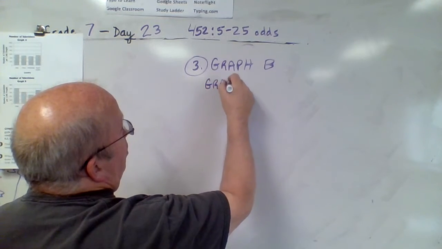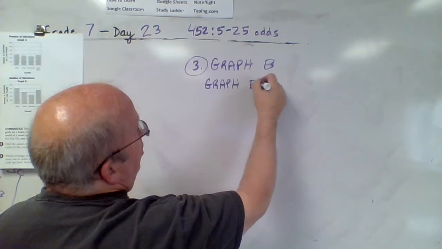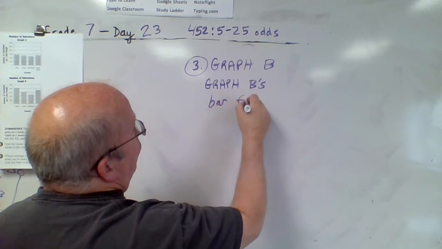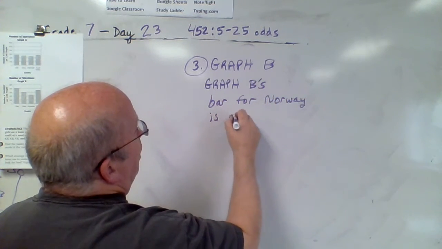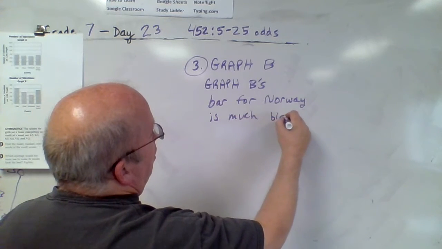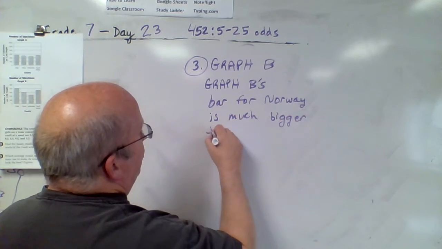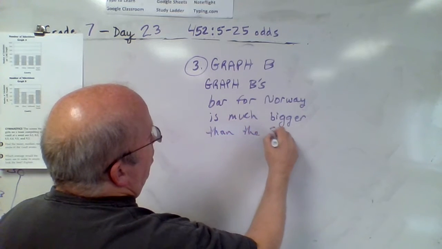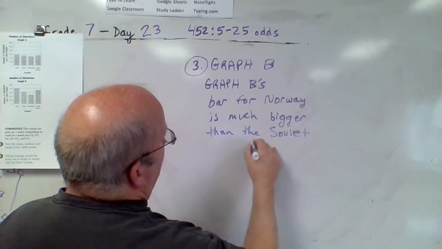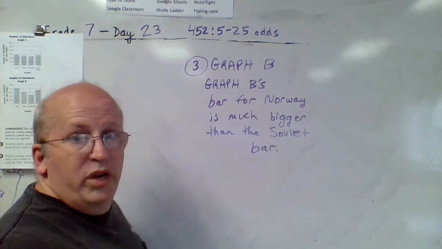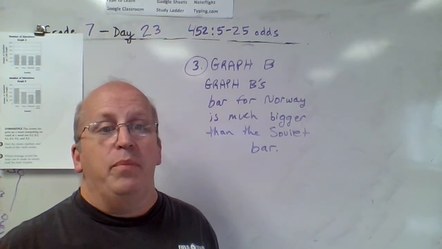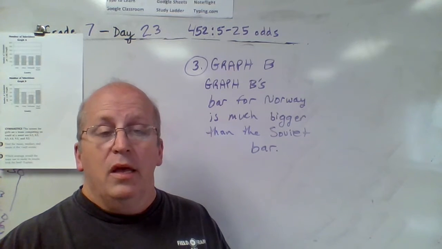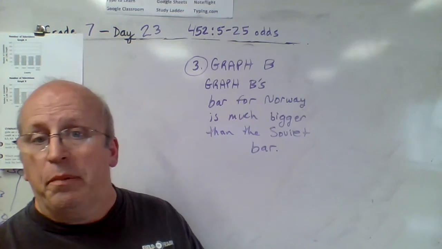How about this? Graph B's bar for Norway is much bigger than the Soviet Union's. I think that would be a reasonable answer for number 3. Graph B's bar for Norway is much bigger than the Soviet bar.